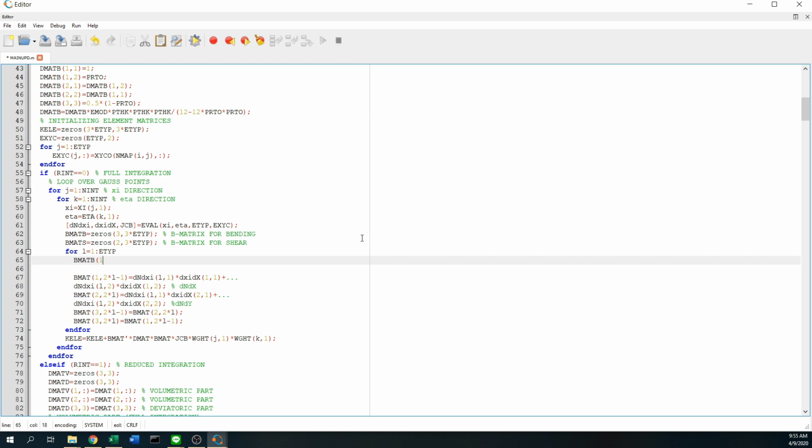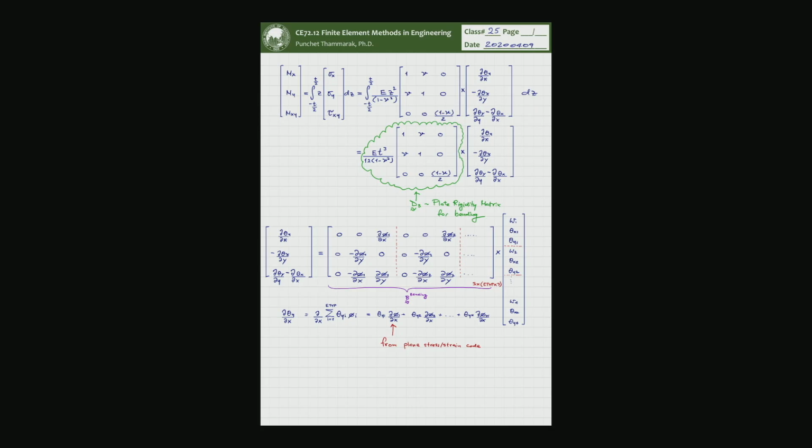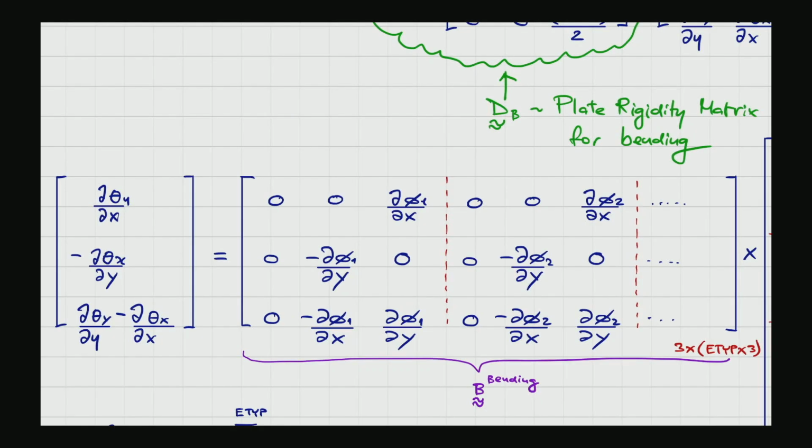For the B mat bending, let's come back and take a look here. B mat bending is in here. So 0, 0 for the row number 1, and that is 3 multiplied by L. You don't need to minus anything. It equals the partial derivative of shape function with respect to x.